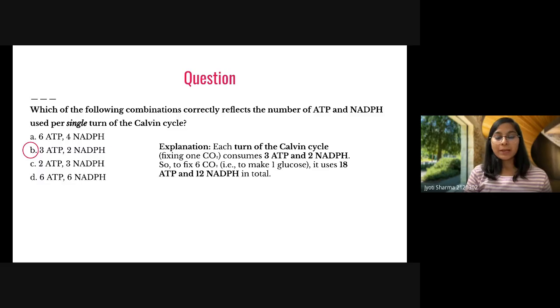You just need to multiply by 6, because we need 6 CO2. So for 6 CO2 to make 1 glucose, it uses 18 ATP and 12 NADPH in total. So this is an energy-intensive process.